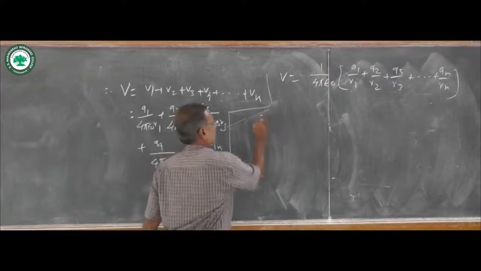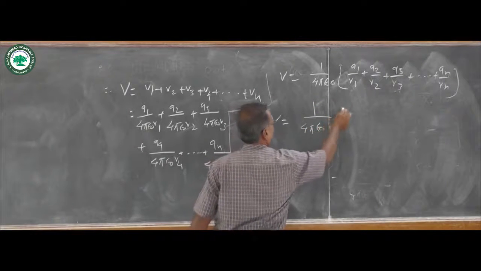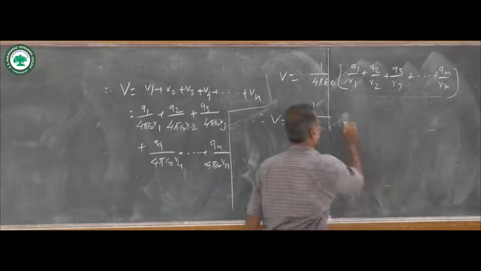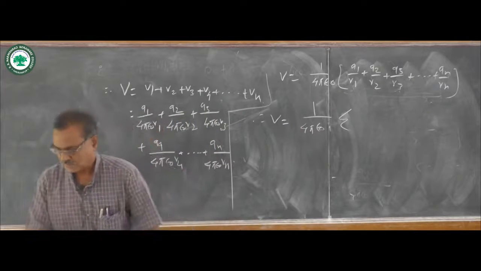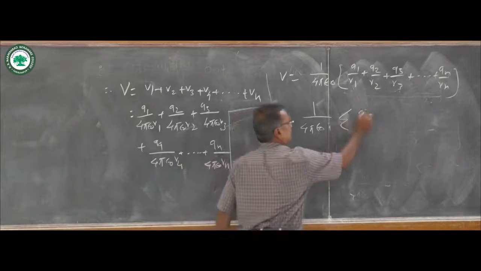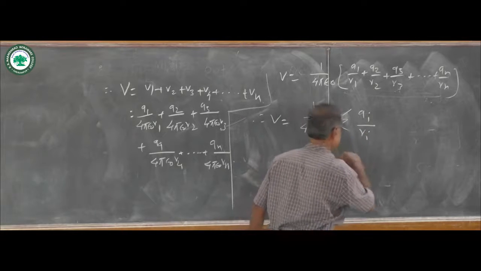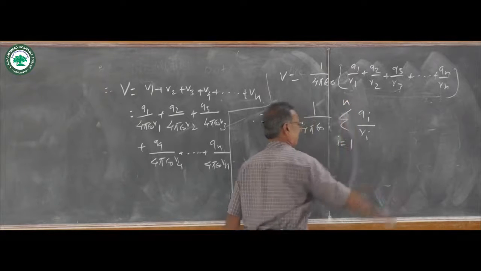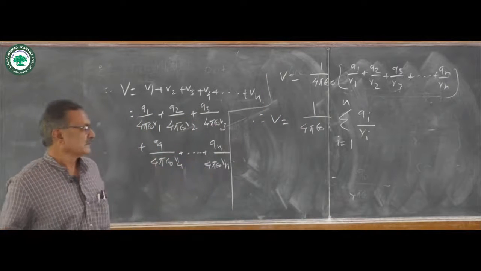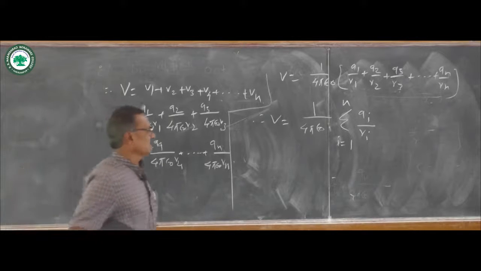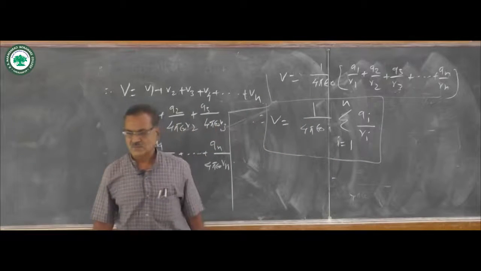So we can write the electrostatic potential of a system as 1 by 4 pi epsilon naught, and all these bracket terms denote the summation of Qi by Ri, that is Qi suffix, Ri suffix, where i is equal to 1 to n, 1, 2, 3, 4, etc. So this is the electrostatic potential of a system due to all charges.